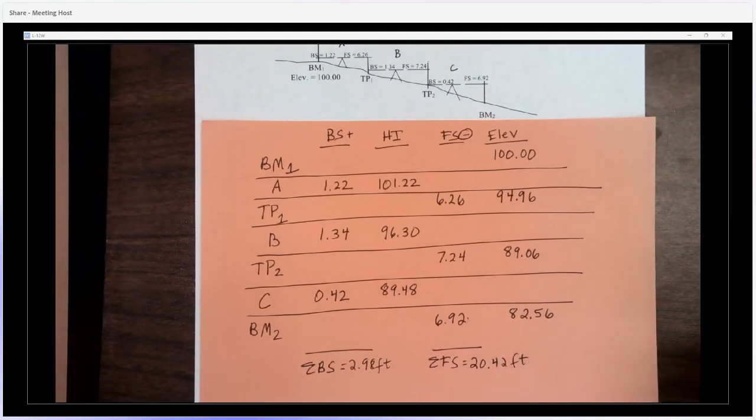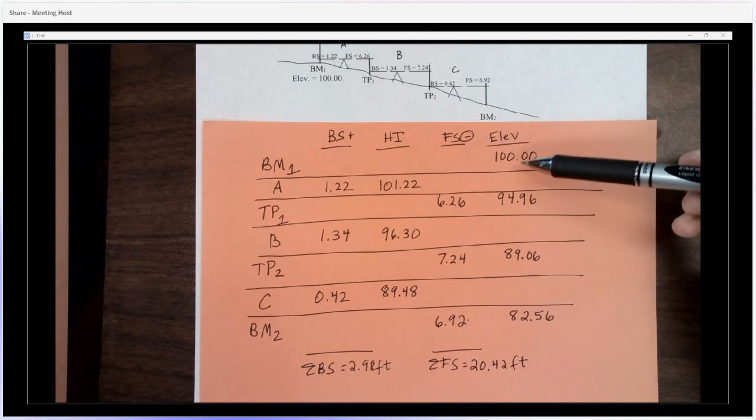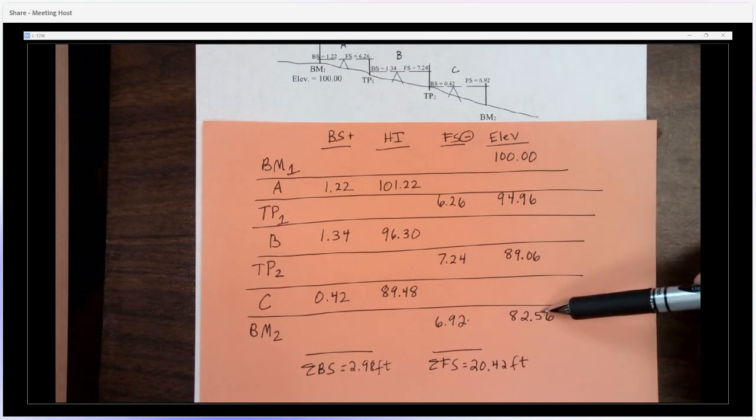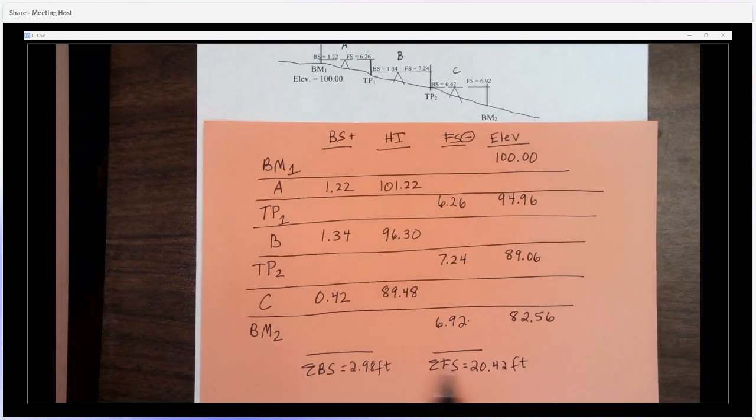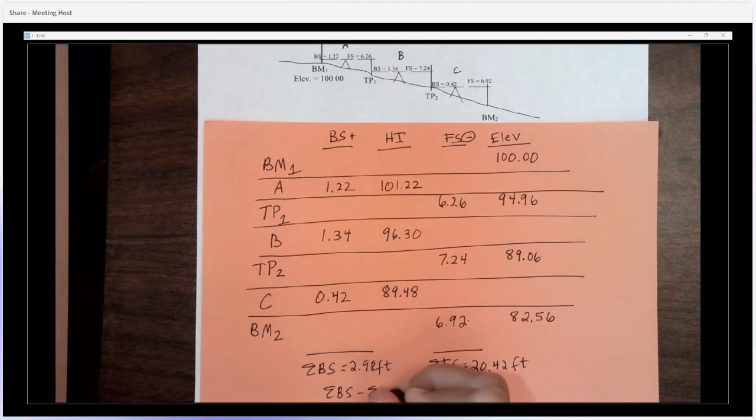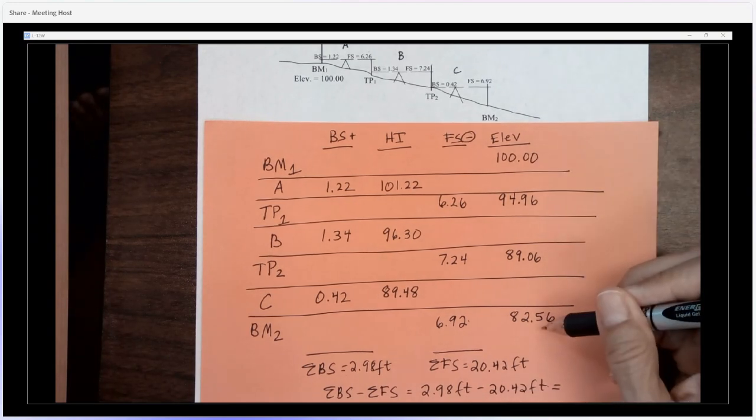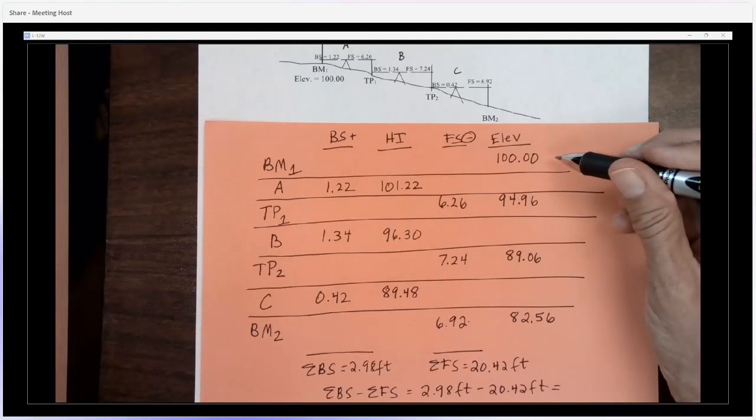And then to figure out the difference between the starting elevation and the finishing elevation, we can find the difference between the backsights and foresights, that summation of the backsights minus the summation of the foresights. So it's just 2.98 feet that we're subtracting 20.42 feet from. So we'll get a negative number here. That means that our ending elevation should be less than our starting elevation, which is what we got.